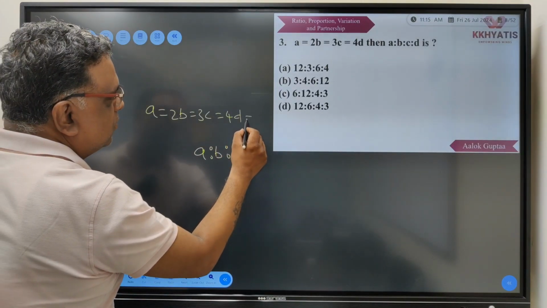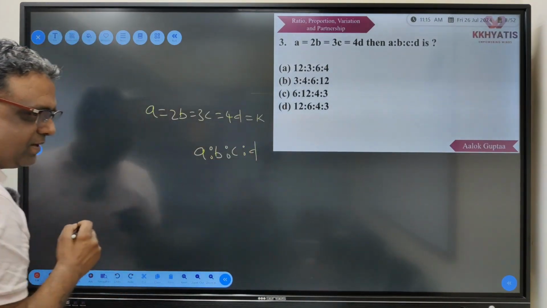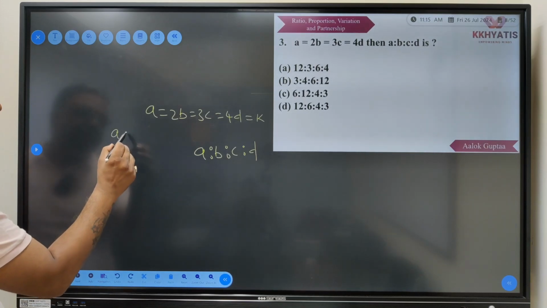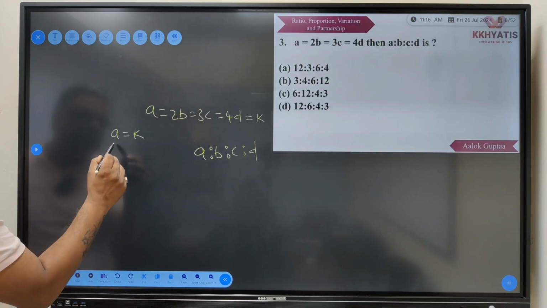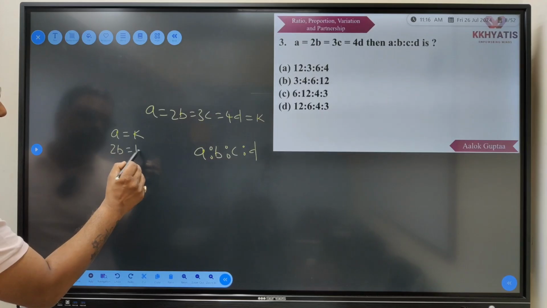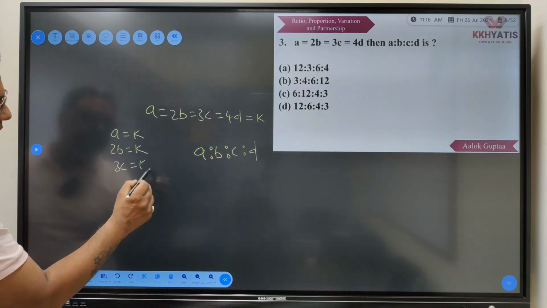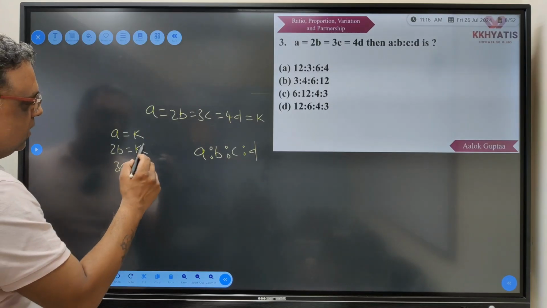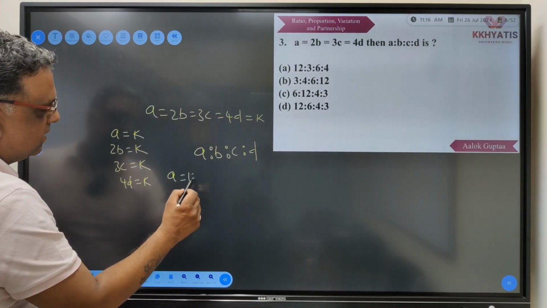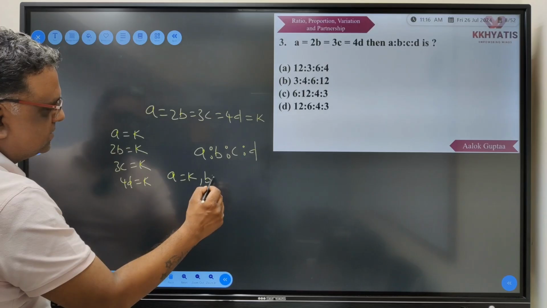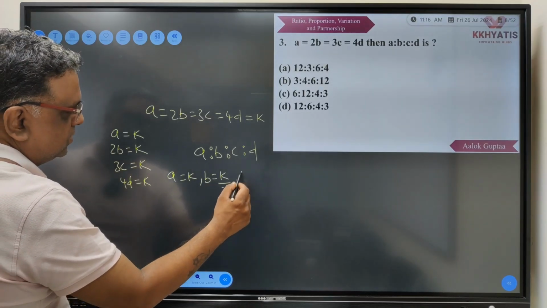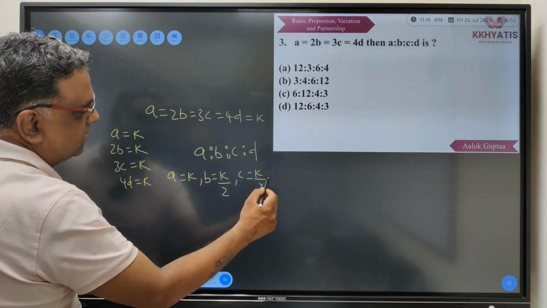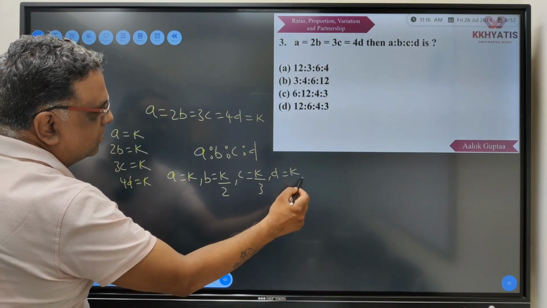So I will assume those quantities to be K, correct? Which means A becomes K, 2B becomes K, 3C becomes K, 4D becomes K. Which means A is K, B is K by 2, C is K by 3, and D is K by 4.